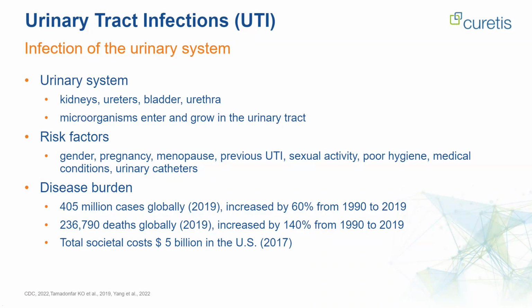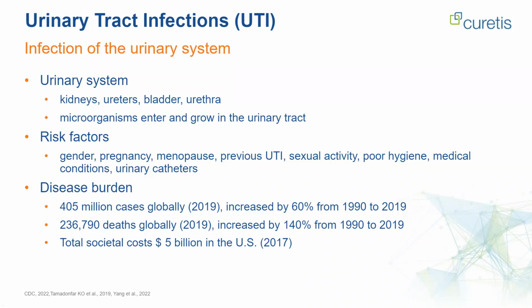UTI is one of the most common bacterial infections, contributing to significant healthcare costs and mortality worldwide. In 2019, there were approximately 405 million cases worldwide, leading to 236,000 deaths in both men and women.